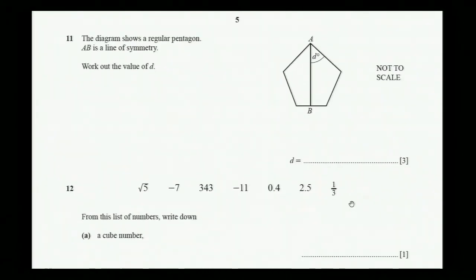This one. The diagram shows a regular pentagon. AB is a line of symmetry. Work out the value of D. So how do we do this? Regular pentagon, that's the keyword.